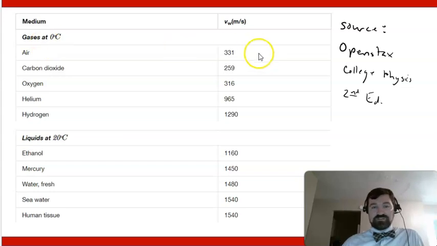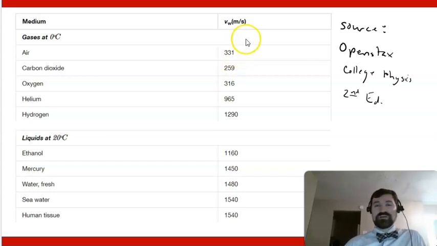So this is speed in various gases at 0 degrees C. Notice that this is retaining only the nearest whole number, so 331, it's rounded down from 331.4 meters per second. And then also some liquids, and notice that in general the speed of sound is faster in liquid than in air or any other gas. Hydrogen being maybe the one exception, and really just compared to some liquids. Okay.